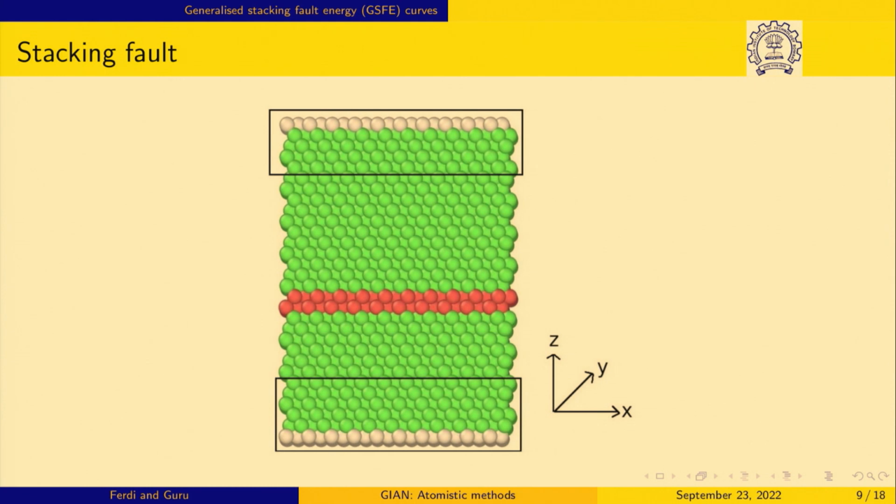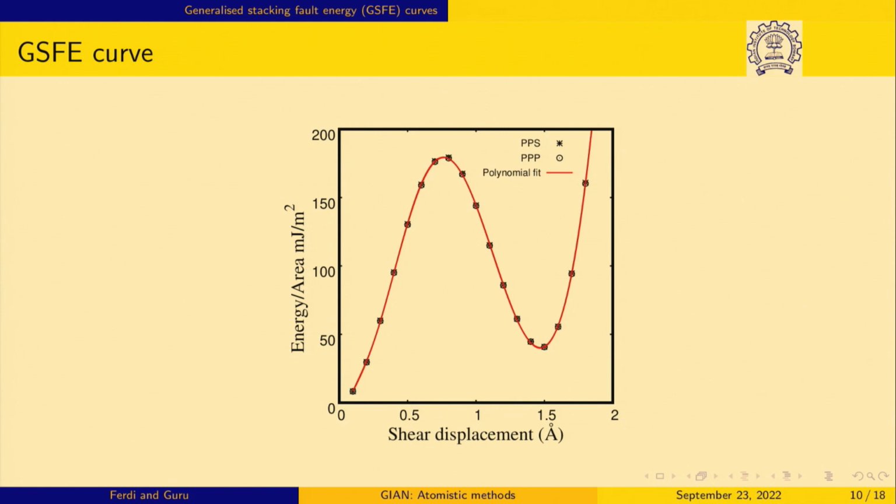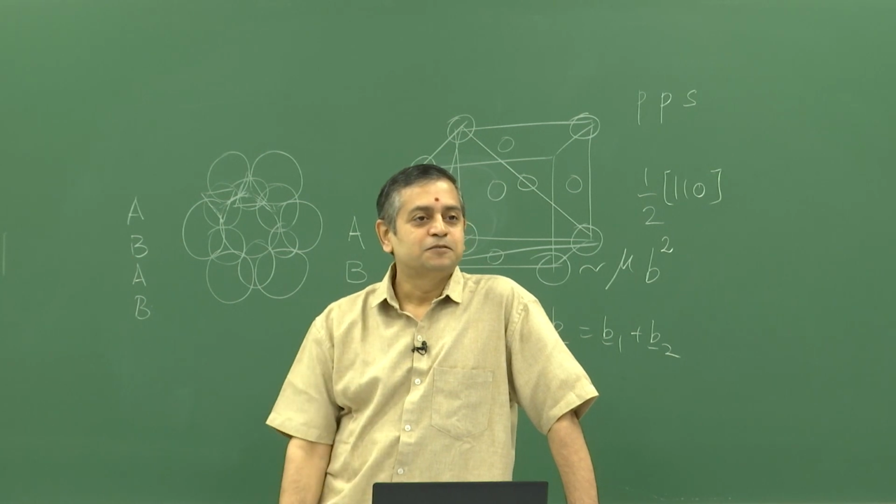For pure copper, no issues, but the moment you go to some amount of aluminum, there is an issue. Can you think of what the issue is? Right. So, what is the problem with that?